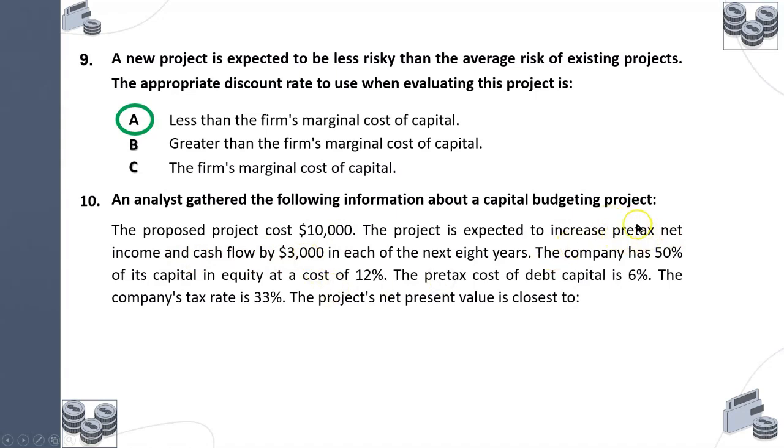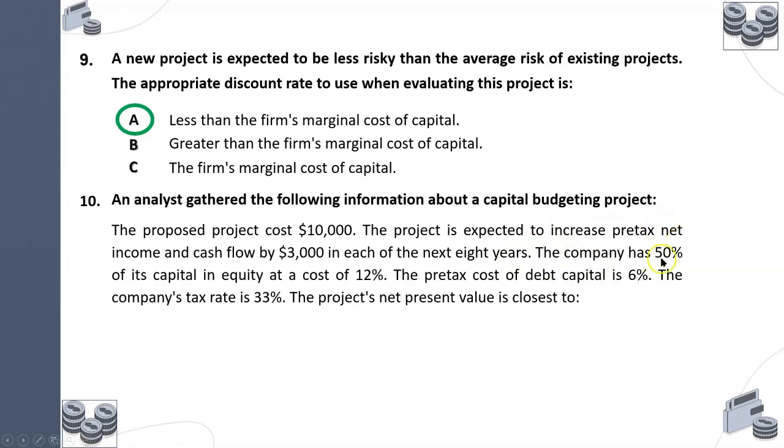We need to find the after-tax cash flow. Normally, as I mentioned in previous videos on this channel, we always use after-tax cash flows. So we need to remove the tax, at a rate which will be given, for the next 8 years. So we have cash flows for the next 8 years.